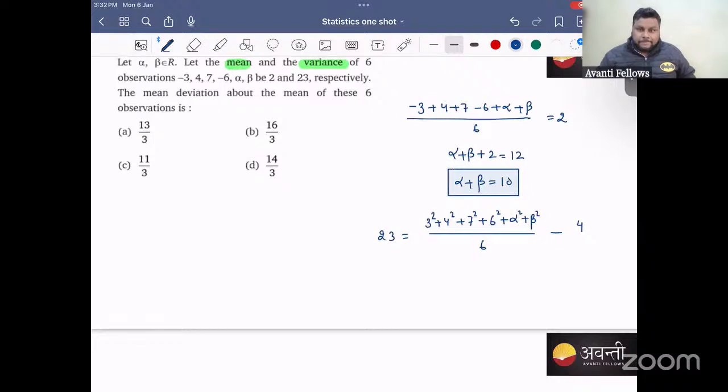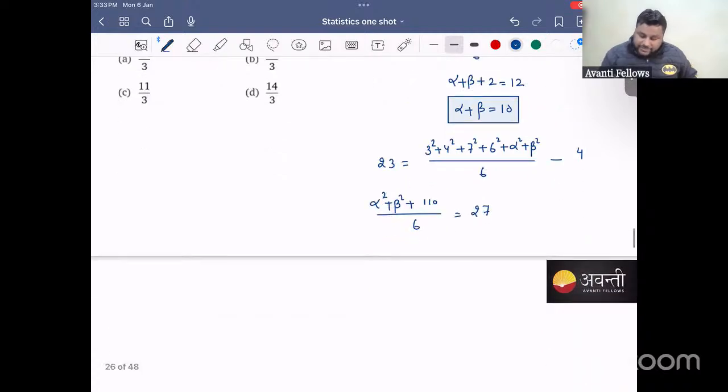Understood? So it is alpha square plus beta square plus 49 and 36, 85, 85 and 9, 94, 94 and 16, 110. 110 divided by 6 is 23 and 4, 27.